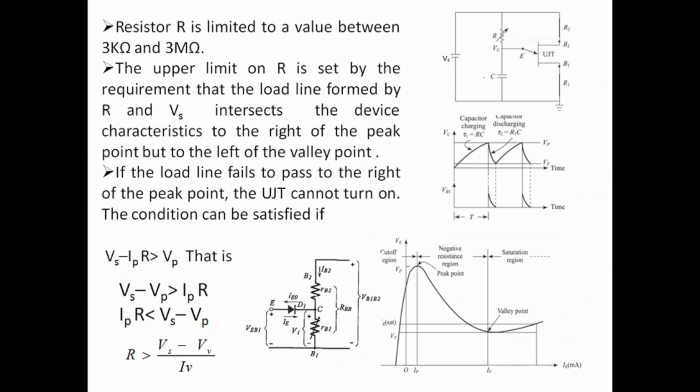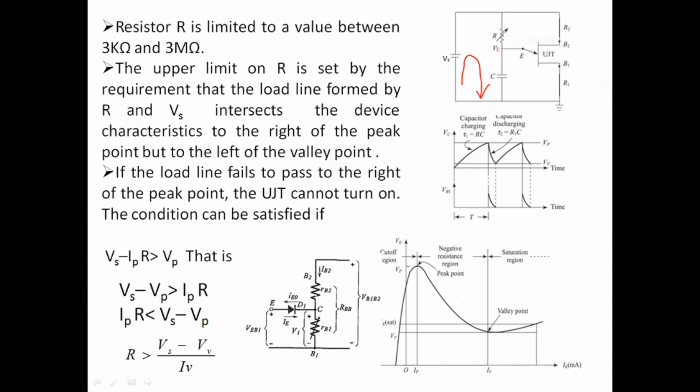If you take very high values of R, the current flowing in this path is very small, so it may take more time to charge this capacitor, so the capacitor voltage may fail to reach V peak within the requirement in this case.